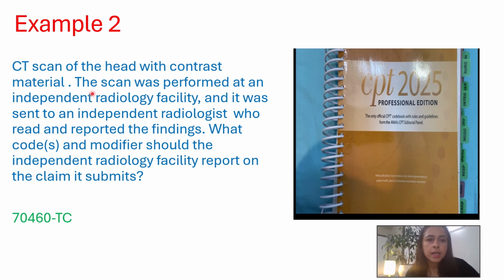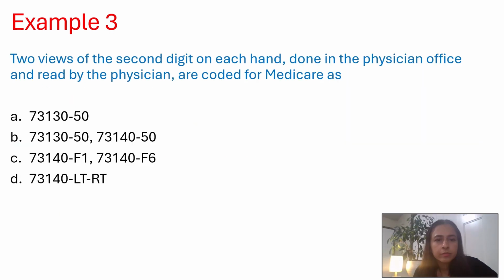The scan was performed at an independent radiology facility, and the question is what code should be used by the independent radiology facility for the claim. So this is the technical part, so we have to use TC as a modifier. It's not asking who read the result, it's asking who performed the procedure. So the answer is 70460 TC.